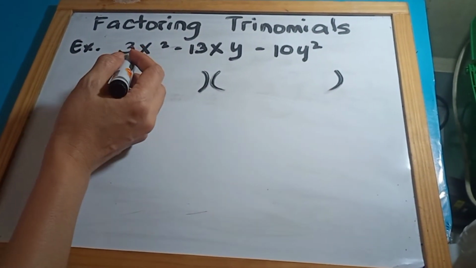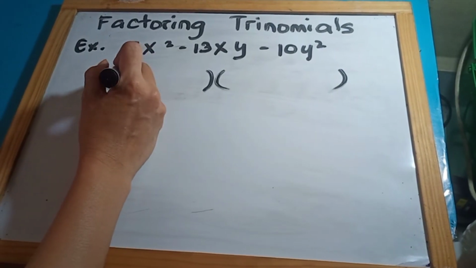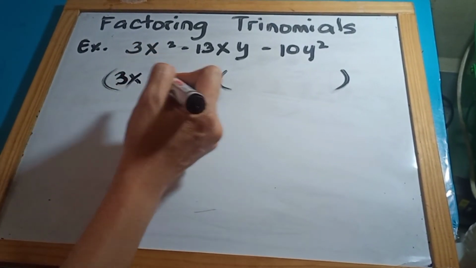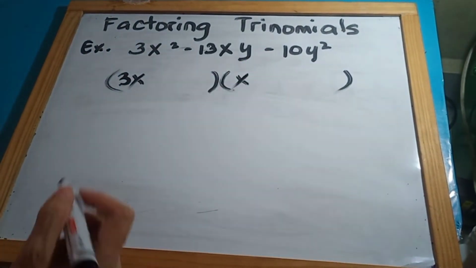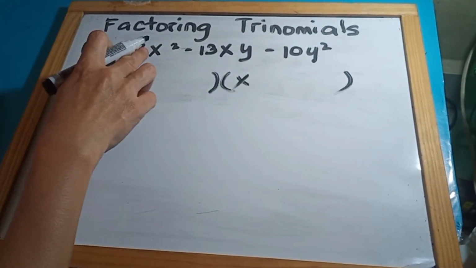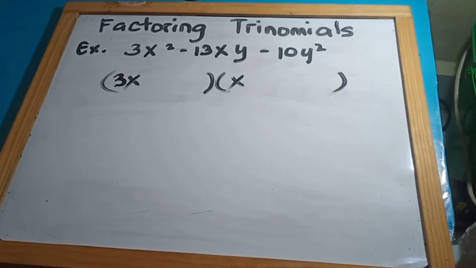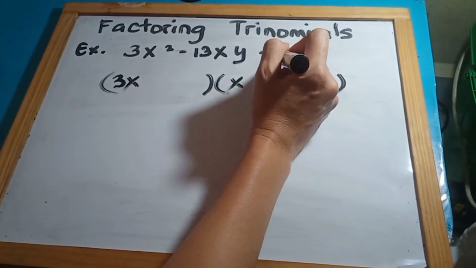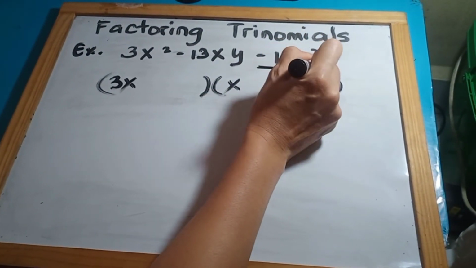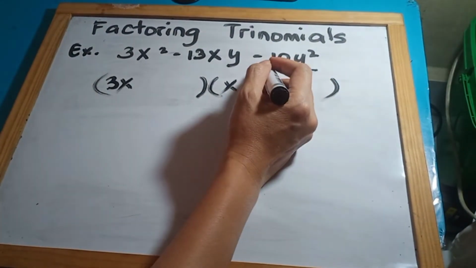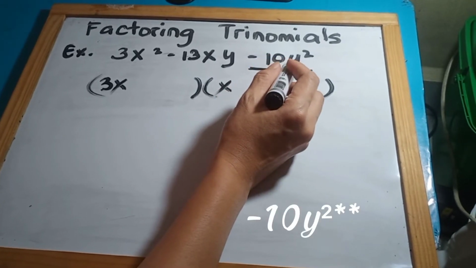So, paano natin ifa-factor si 3x squared? We have 3x and x. So, 3x and x, that is 3x squared. And then, we have to look sa last term. So, si last term natin is negative 10y squared.